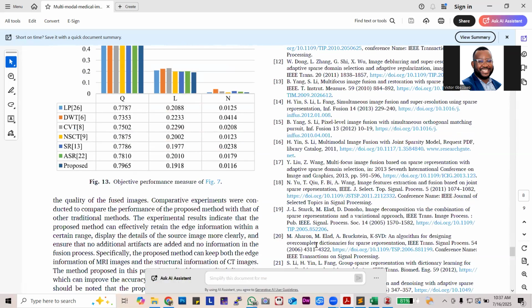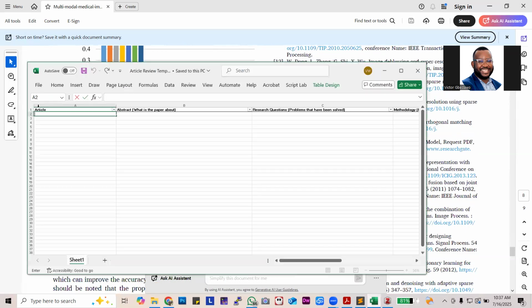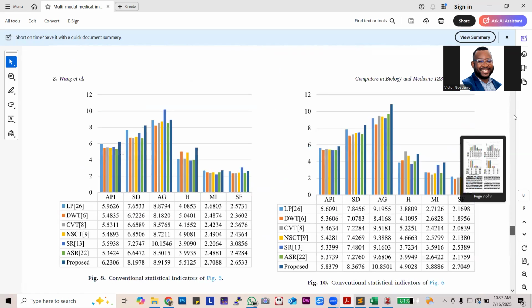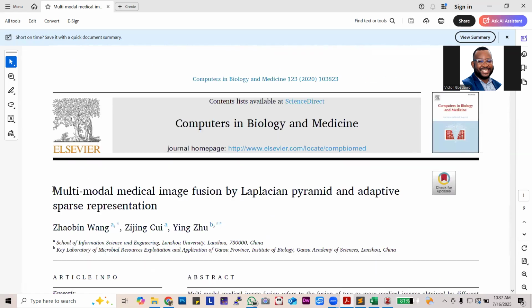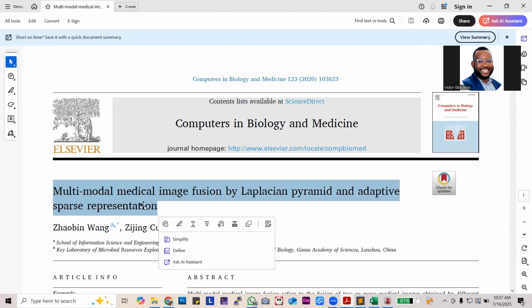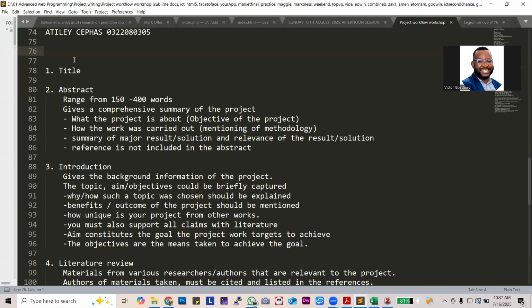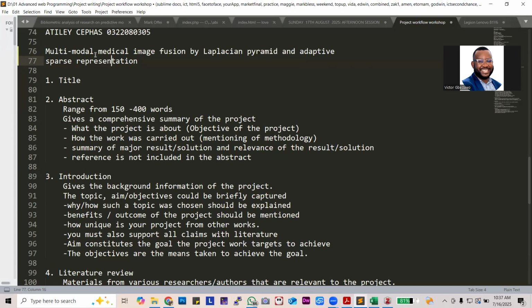So, in terms of getting the article, for this article, for instance, we can get the name of the article straight up from this. So, this is a multimodal medical image fusion, right? So you can copy this. This is not a problem. So this one, we'll just paste it here first.